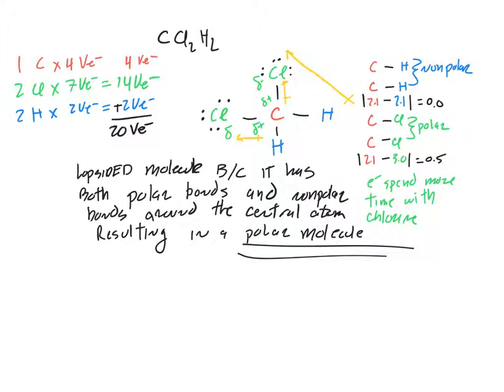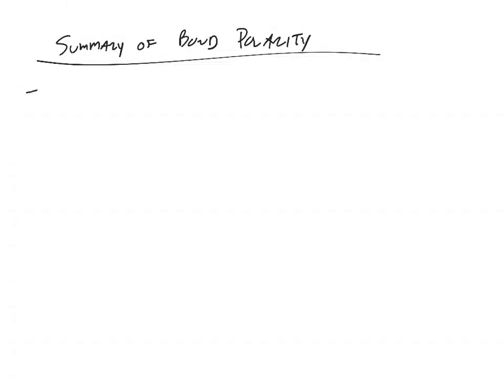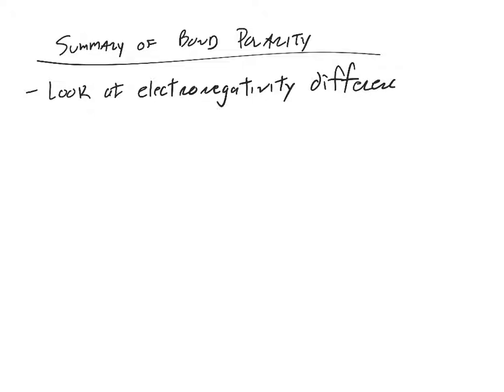Okay. Now, just a couple of things to help keep track of some stuff here. So, a summary of bond polarity. Okay. First thing is we need to look at electronegativity differences in all of the bonds present around the central atom.